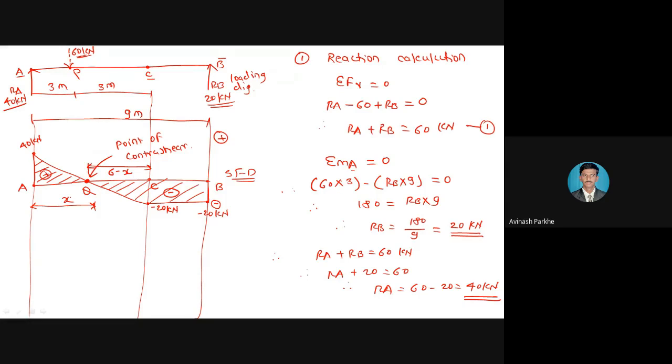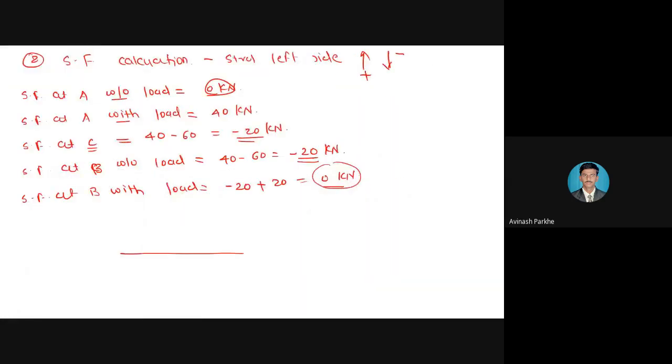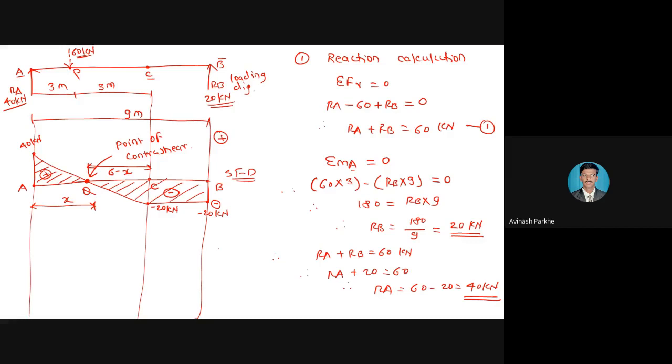So here I can use the similar triangle rule. Whatever nature I have obtained from A to C in the SFD, I will draw here as it is.